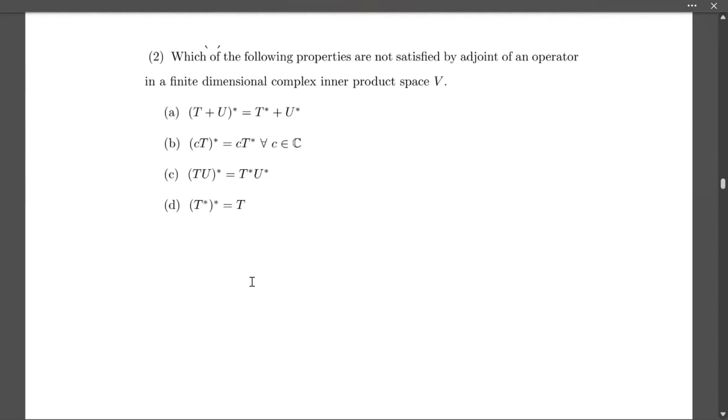Which of the following properties are not satisfied by the adjoint of an operator in a finite dimensional complex space? A particular case, which is not satisfied. Such kind of questions we should take carefully. This is the correct option.